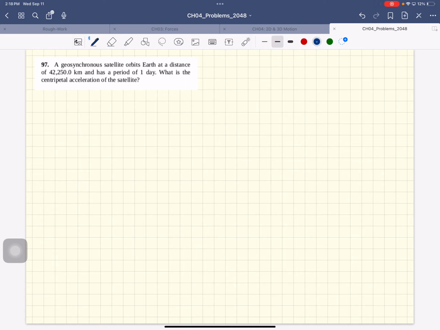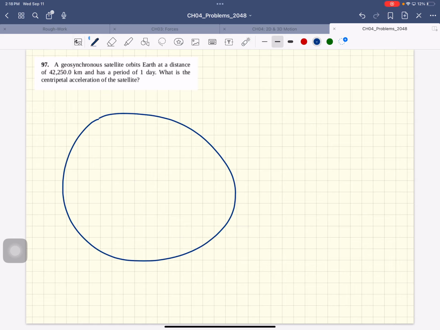So a geosynchronous satellite orbits Earth at a distance of 42,000 kilometers, which is 7 times the Earth radius, and a period of 1 day. What is the centripetal acceleration?